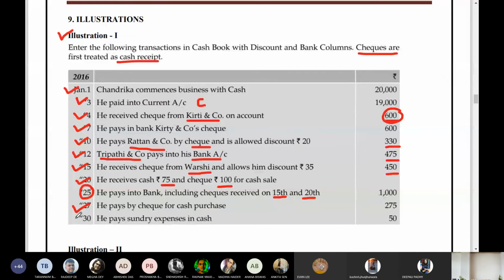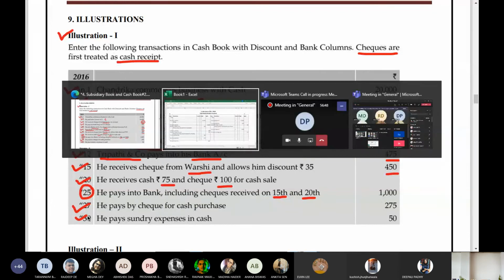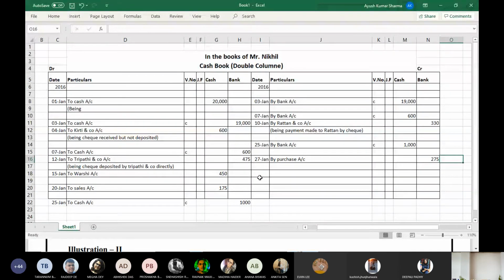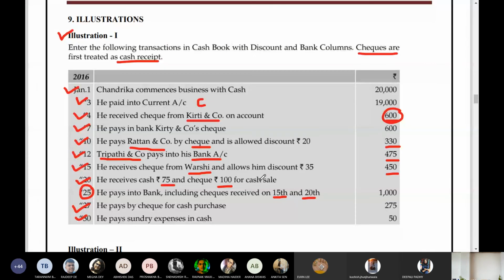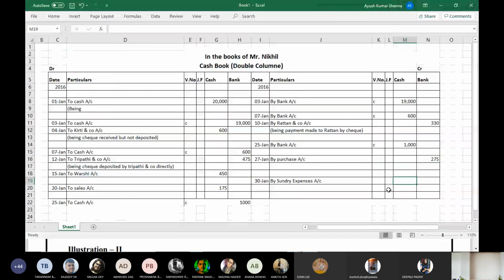He pays for sundry expenses in cash, 50. Leave a space. 30th January, by sundry expenses account. I'm completing this.